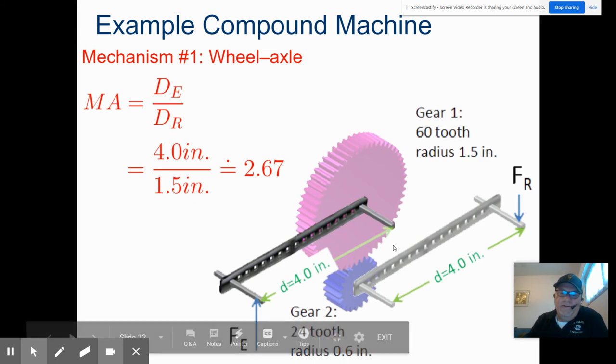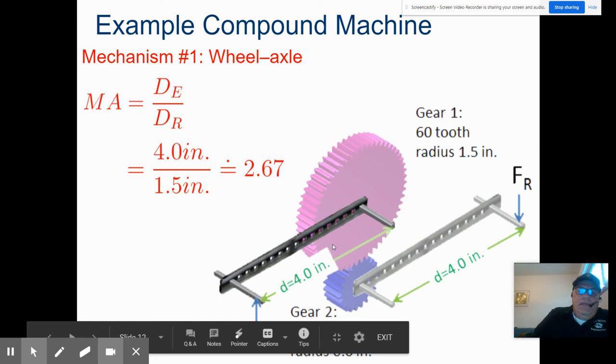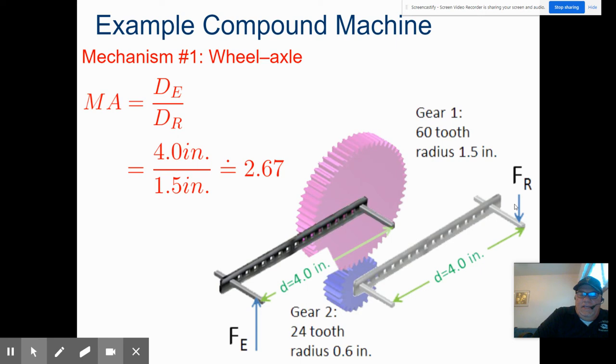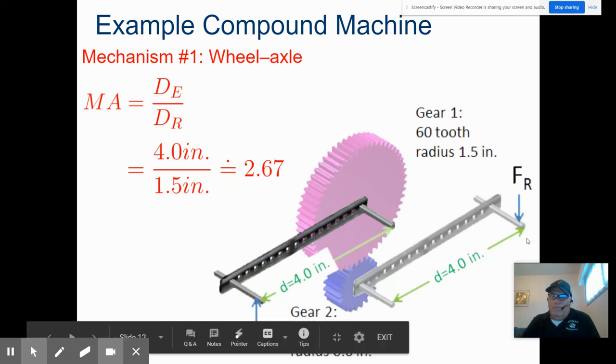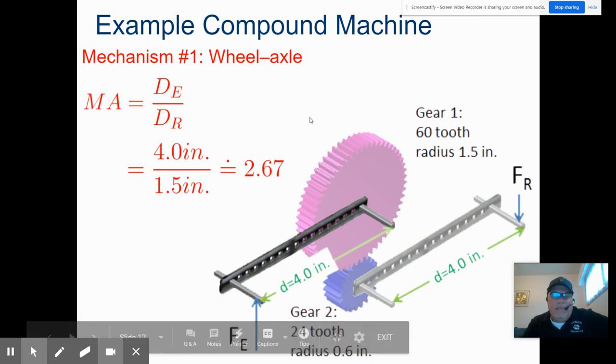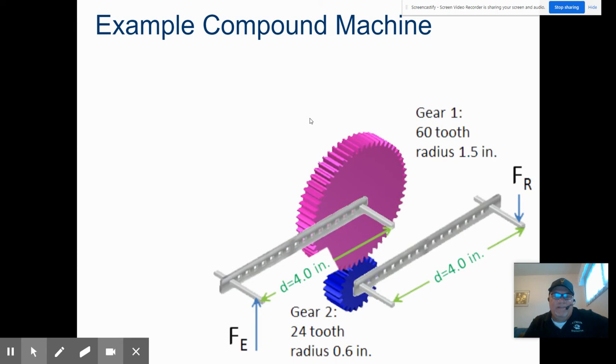There's your effort arm, and the resistance distance, dr, is 1.5. Right here it is, gear 1's radius is 1.5. So that gives us a mechanical advantage of 2.67.